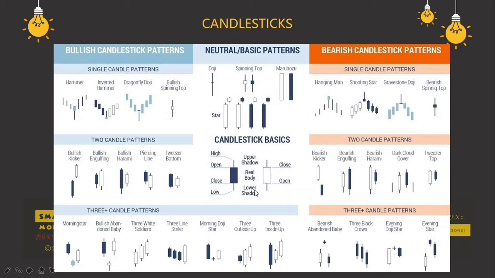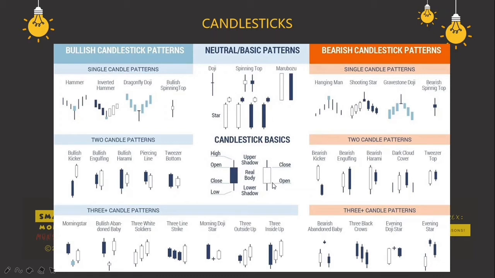But for a bullish candlestick, that means price has gone up throughout that day. Price closed higher than it opened. Let's say price opened at 1 and closed at 2. So for a bearish candlestick, price closed lower than it opened.